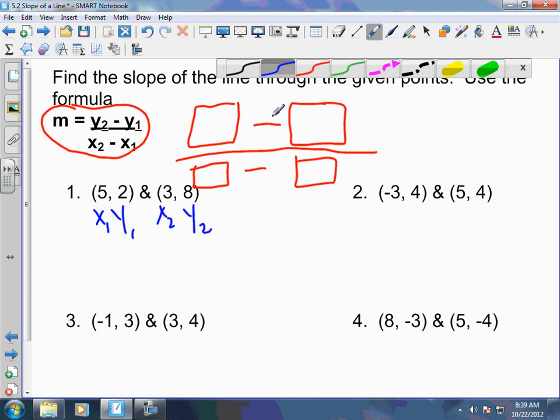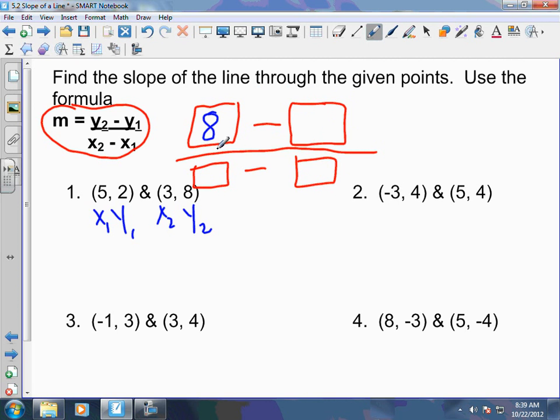Now, all you got to do now is figure out what number goes in this first box. Everybody, what number goes there? 8. Everybody, good. Because that's y2. And what number goes here? Good job, 2. Okay, everybody, what number goes here? 3.